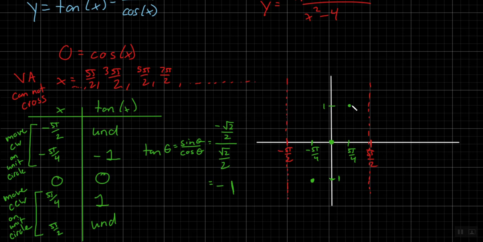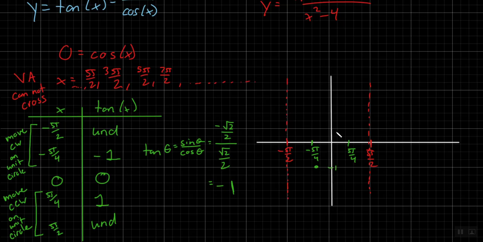Now, Beatrice, I can never touch my asymptotes, but I can get really, really close to them, right? And I can go up. Oh, tangent looks like one straight line, huh? Wait, give me a second. Let me make them a little bit closer.